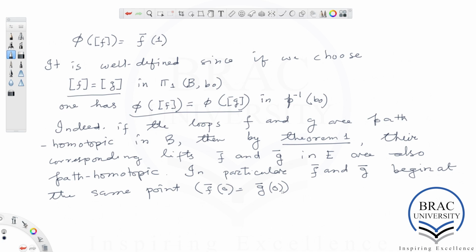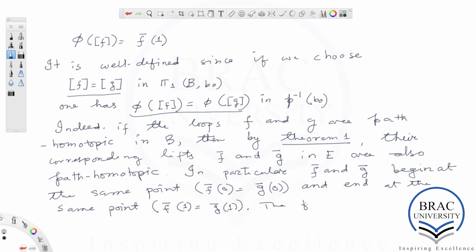They start at the same point and they also end at the same point. Which is F bar of 1 is equal to G bar of 1.